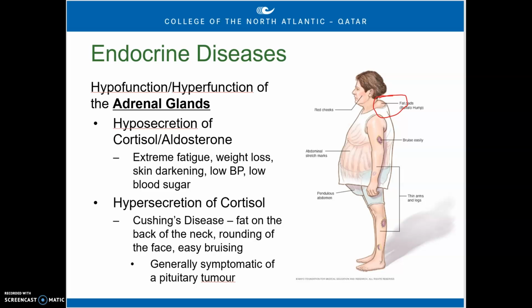We also get rounding of the face and very easy bruising of the skin. Now, Cushing's disease is quite often caused by a tumor or excessive growth that's developed in the pituitary gland, and that causes hypersecretion of ACTH, which causes hypersecretion of cortisol in the adrenal cortex.